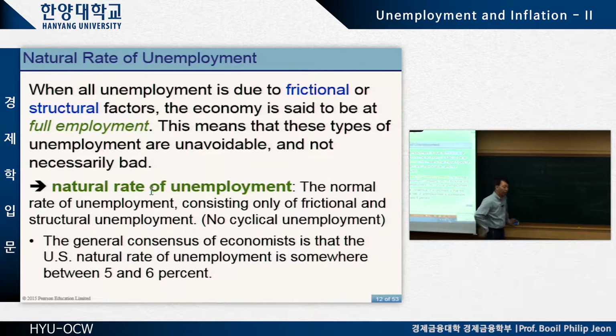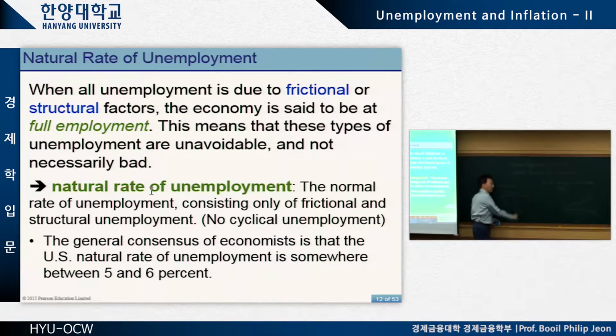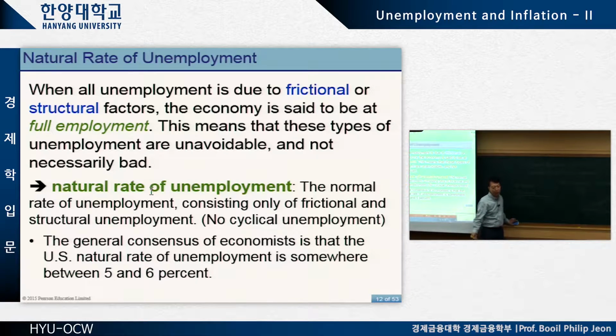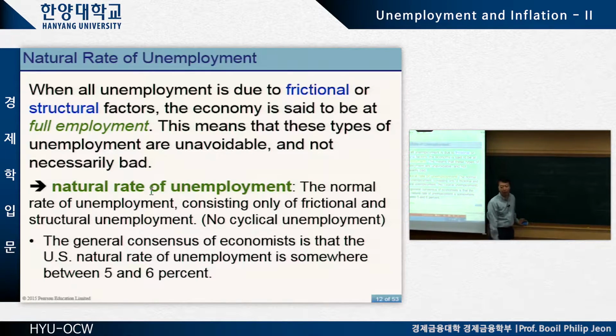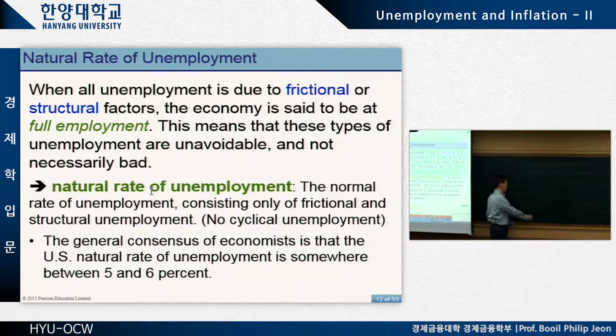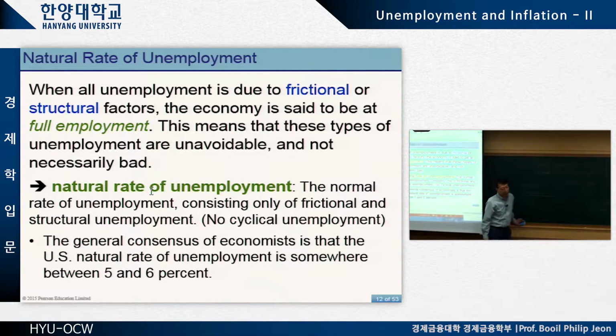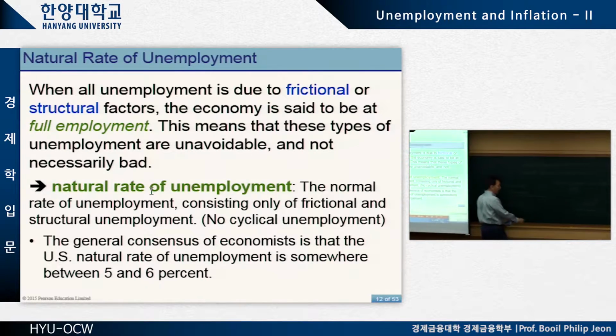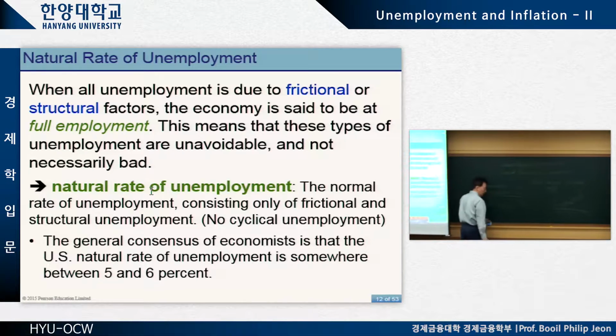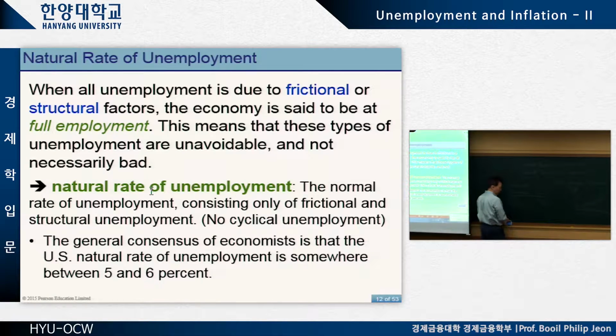Some people are searching for a job because they want to change jobs or they're freshly out of school. And some people are out of a job because their skills became obsolete. There is no more demand for the product they used to produce. So what we call this 5 to 6% is the natural rate of unemployment.